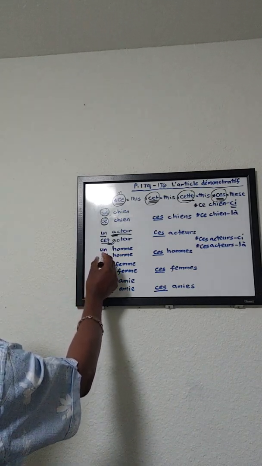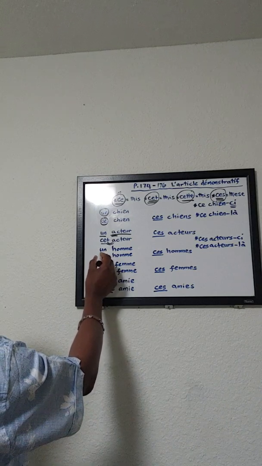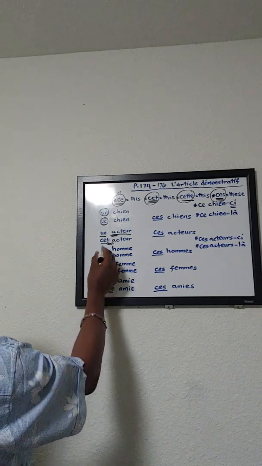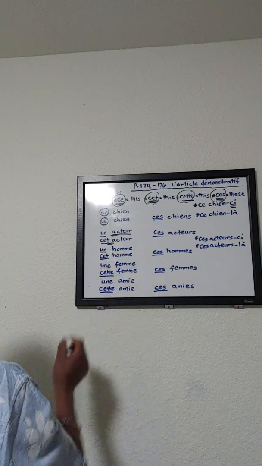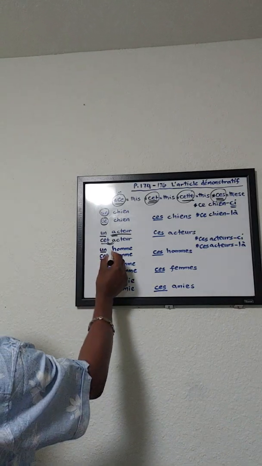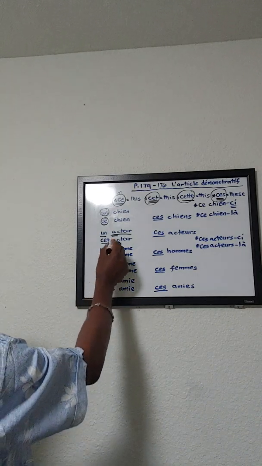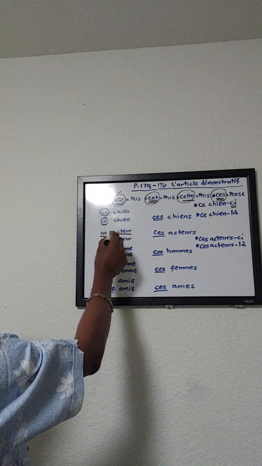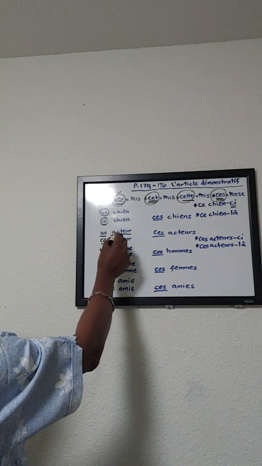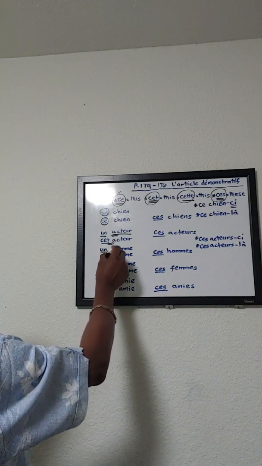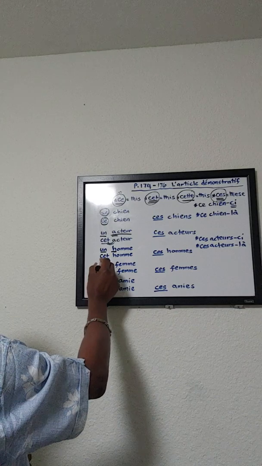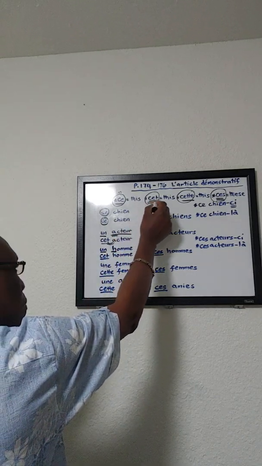Ça va? Now, if you go to number 3, you see that there too we have a singular noun, un homme, a man. Now you realize that we have an H, right? The same way that we did with the vowel, masculine singular nouns beginning with a vowel or an H, you will use this one too.